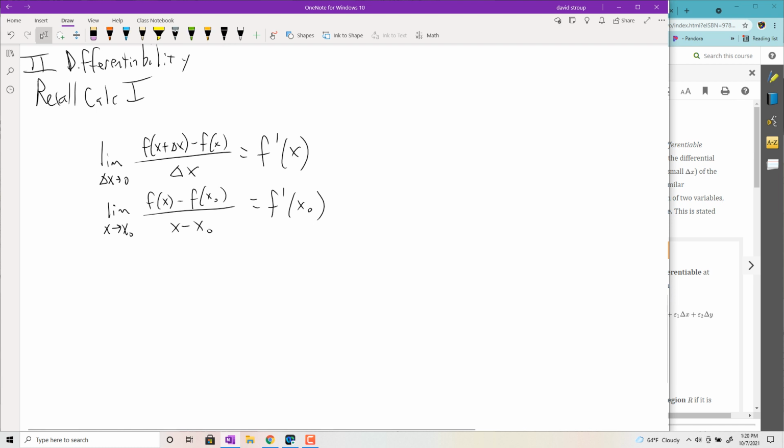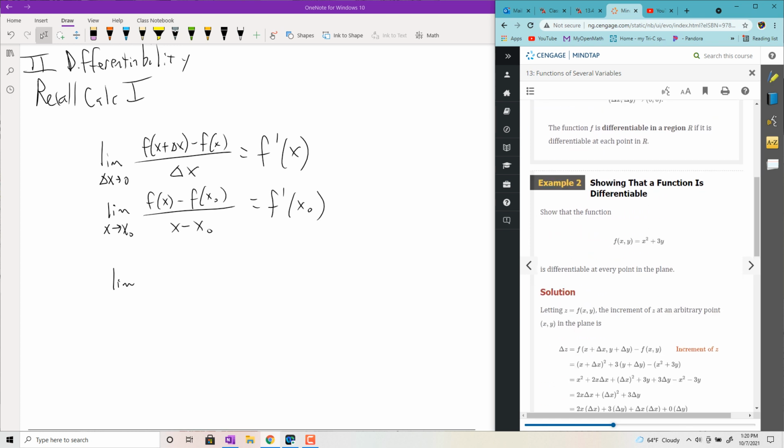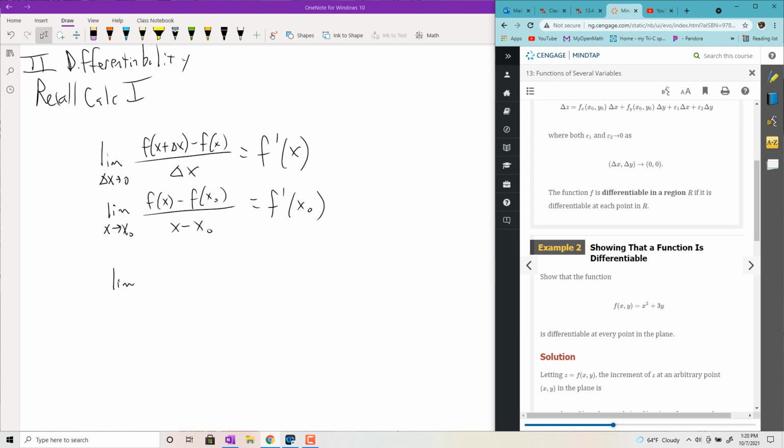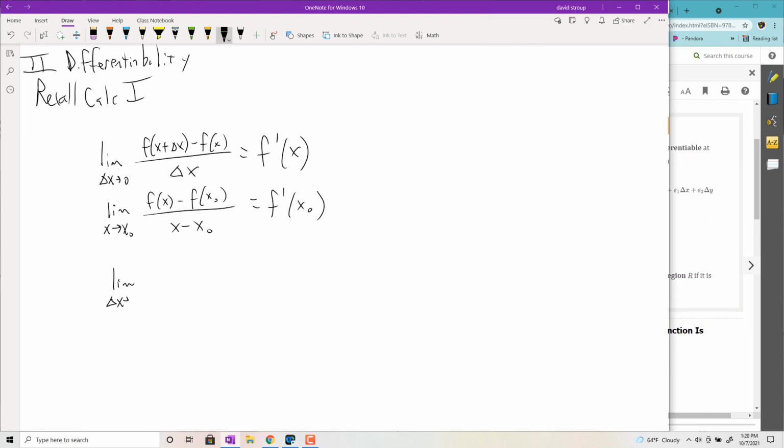Another way of writing it would have been with a change in y over a change in x. I don't remember it off the top of my head, and I'm not looking it up because I don't want to spend 3 hours on it. But the idea is, if you take the limit as change in x goes to 0 of change in y over change in x, if that exists, that's your derivative.